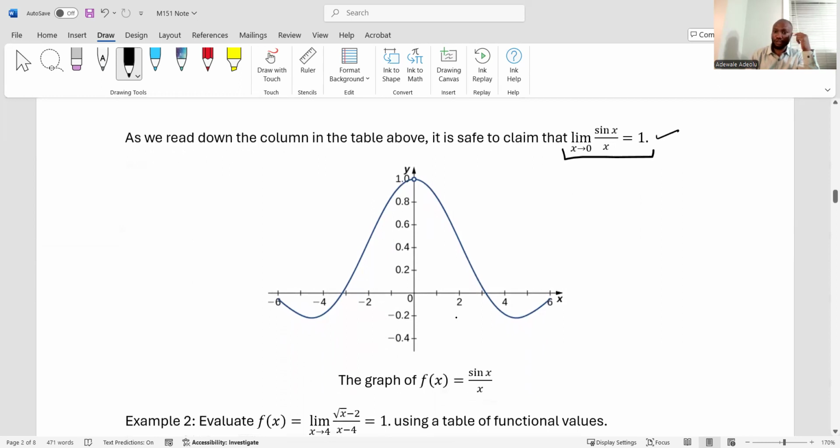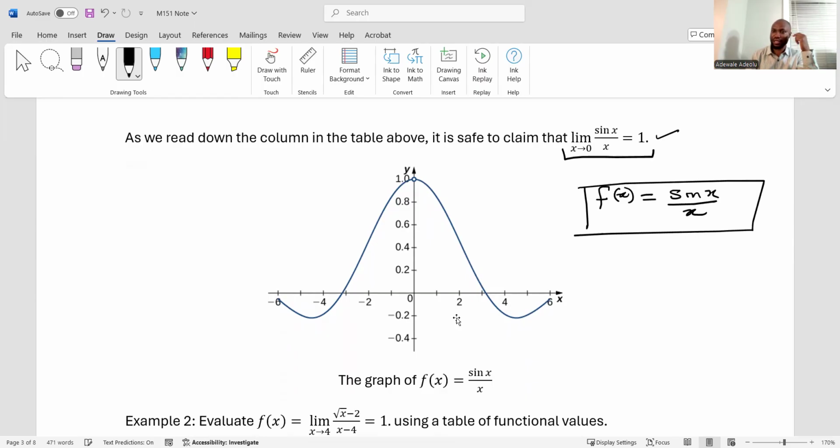And if you put this function, f of x, the function itself, equals sine of x divided by x, if you graph this on your calculator or using whatever technology you have, you will have a graph like this, and you will see that as x tends to 0, as x gets closer and closer to this point 0, the y value is approaching this point 1.